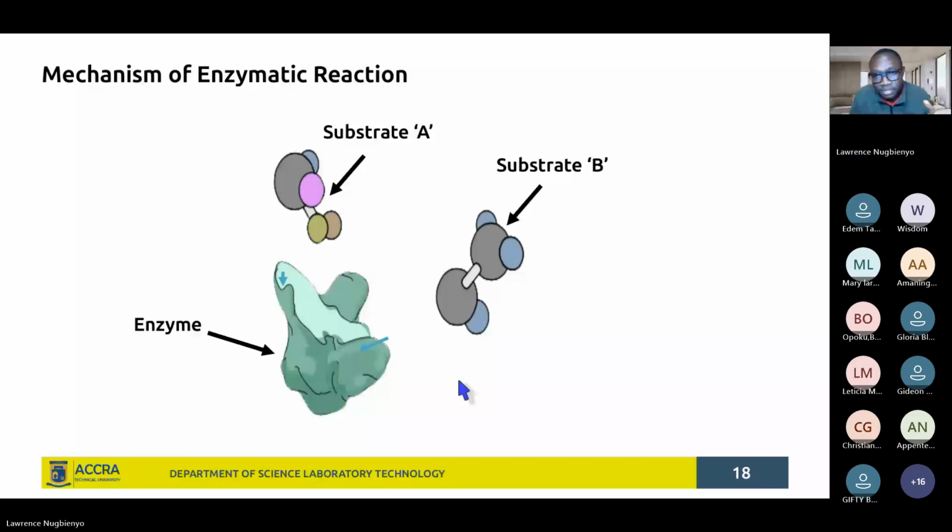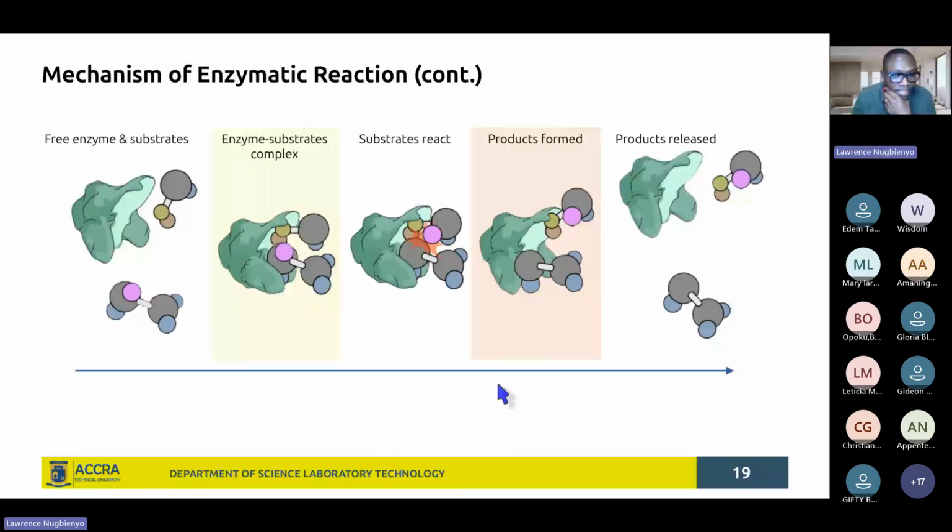And these two substrates are to react with each other. The enzyme is to catalyze the reaction between these two substrates. Now, how will such an action occur?